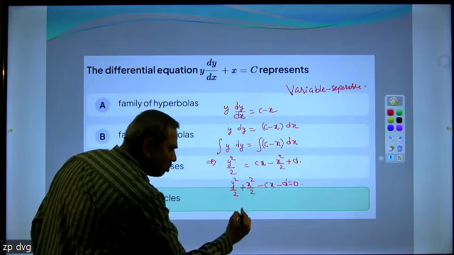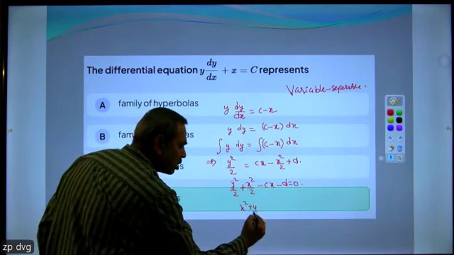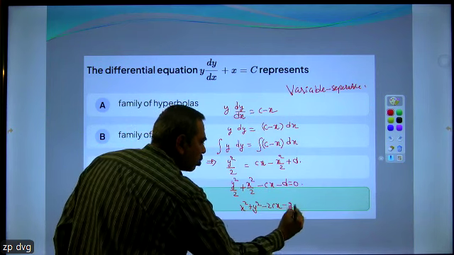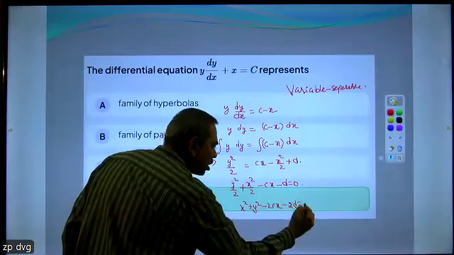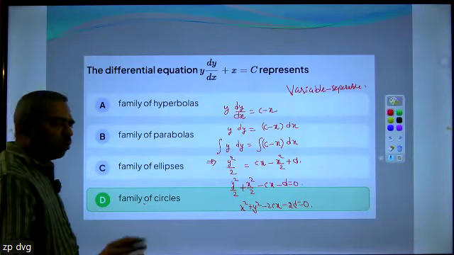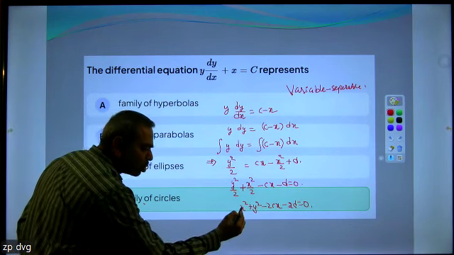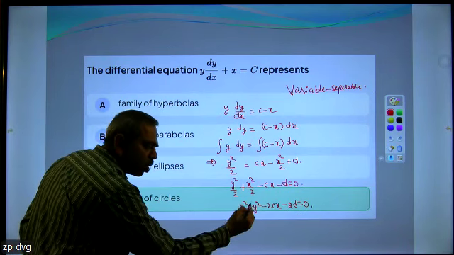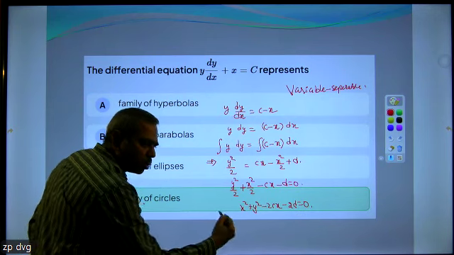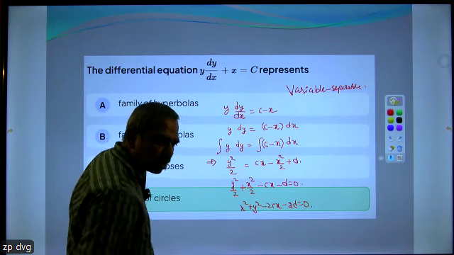Now, if I take the LCM, I'll get x square plus y square minus 2cx minus 2d, whole by 2, equal to 0. If the 2 goes to the other side, it becomes 0. So this is the final equation. Now, you tell me what we get here. The x square coefficient is 1, and the y square coefficient is also 1. So the x square and y square coefficients are the same.